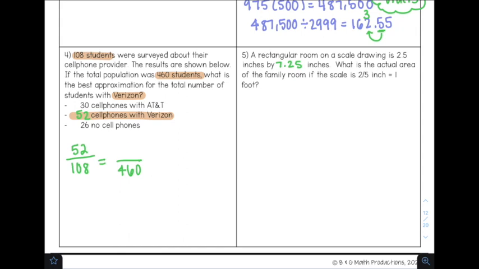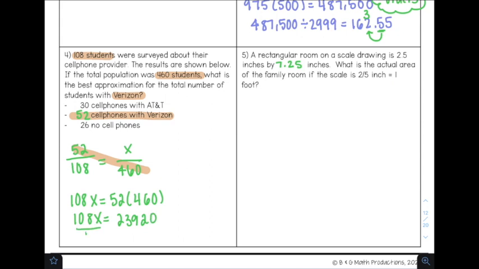We need to figure out how many students have cell phones with Verizon out of the 460 total population of students. So here we're going to cross multiply again. 52 times 460. So we have 108x equals 52 times 460. We have 108x equals 23,920.